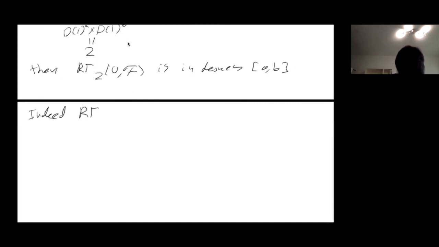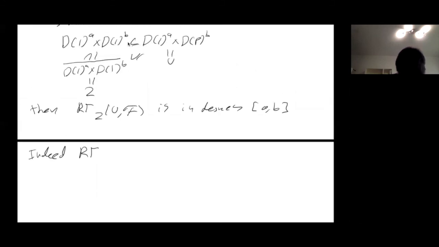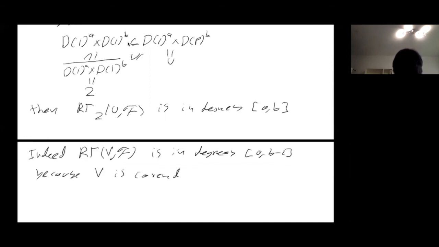And now we have to consider the cohomology of the complement, R gamma V. And now the point is V is no longer going to be quasi-Stein, but it's in degrees 0 through b minus 1, because V is covered by b quasi-Stein opens, which have no higher cohomology. So we have a Čech cover with no higher cohomology, an acyclic Čech cover by b things.